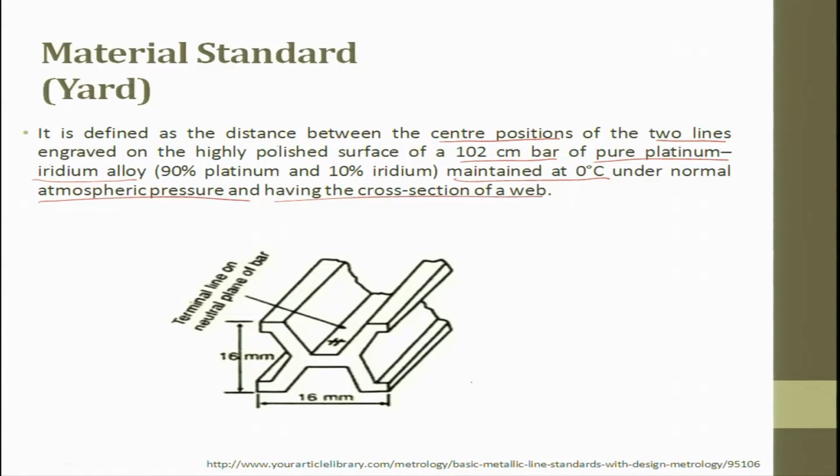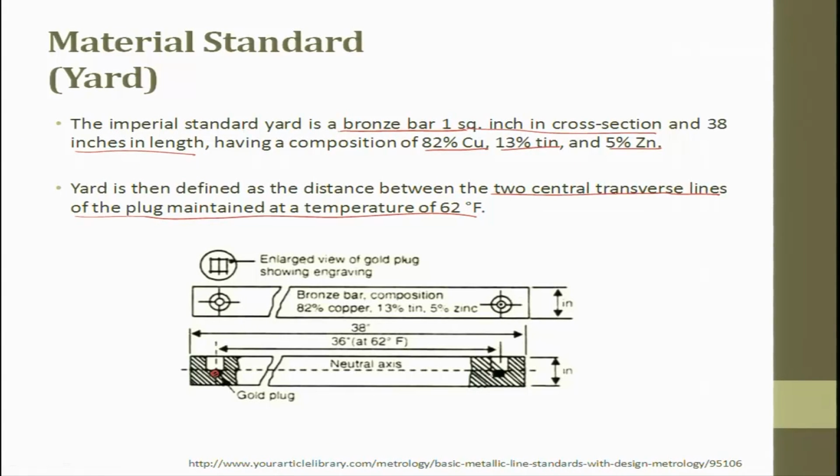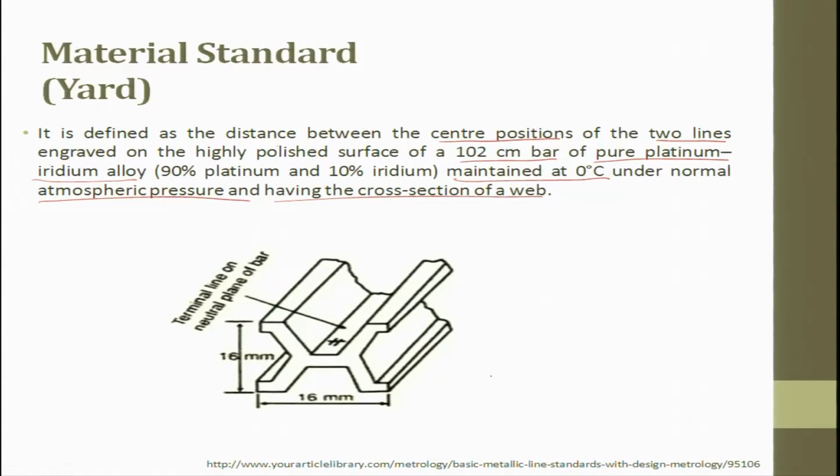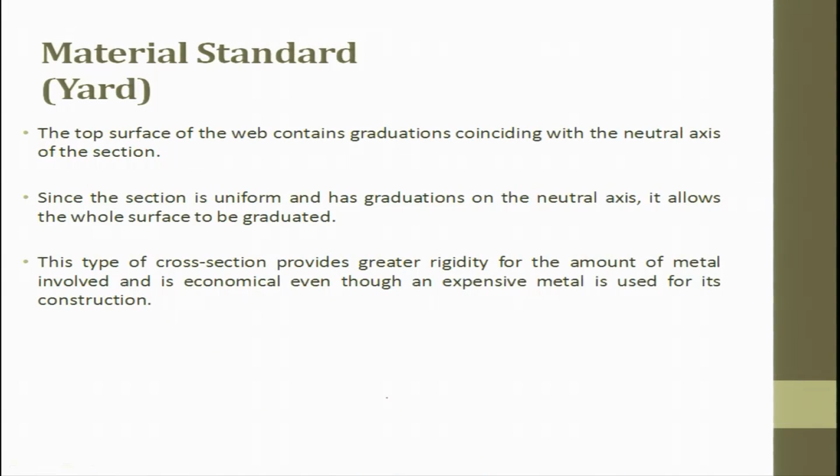So, this is the recent change. First they were talking about copper, and then this is the other definition they had. So, they have a web which is having a cross section, length is 102 centimeter bar, and this is the terminal line of the neutral axis which is maintained. So, 16 millimeter by 16 millimeter.